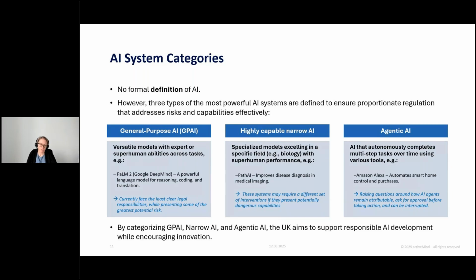In the UK, the government decided not to have a clear definition, because development within AI and AI systems is so rapid that a definition would narrow it down too much and not take care of future developments. However, the white paper defines 3 types of the most powerful AI systems to ensure proportionate regulation through those key regulatory bodies and to address some risks and capabilities effectively.